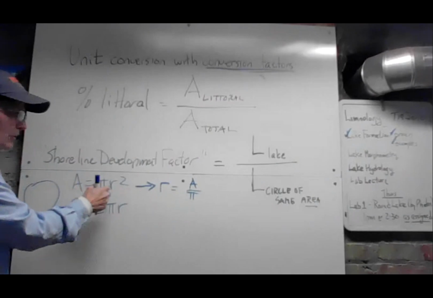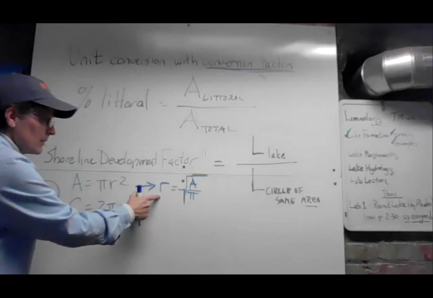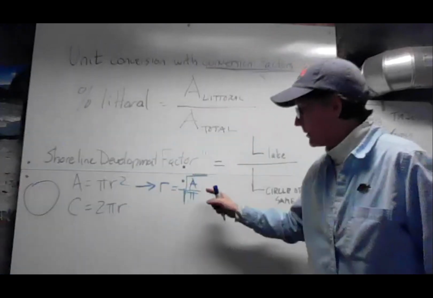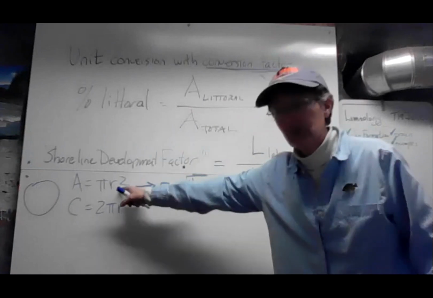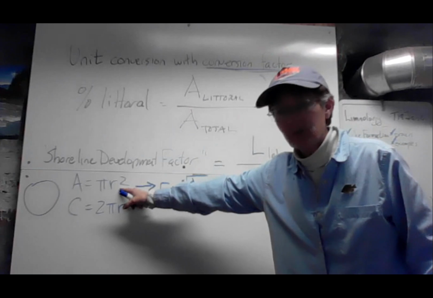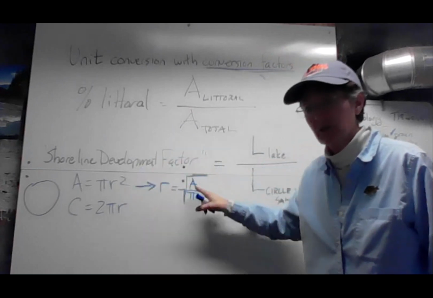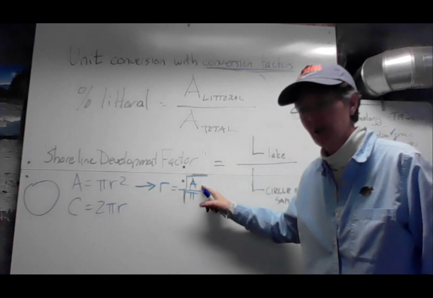And then take the square root of both sides. That's the radius of a circle as a function of its area. I just took A equals pi r squared and rearranged it. I solved it for the radius. This is the radius of a circle expressed as a function of the area.